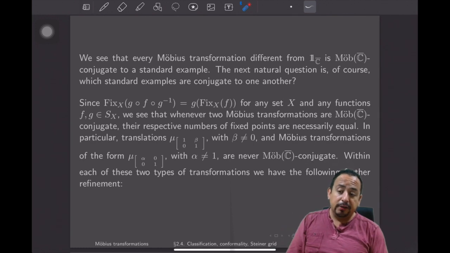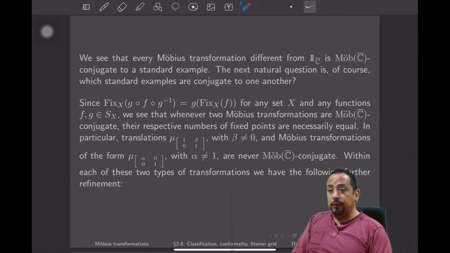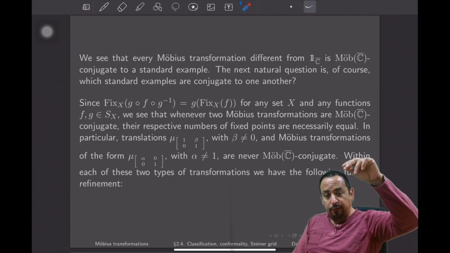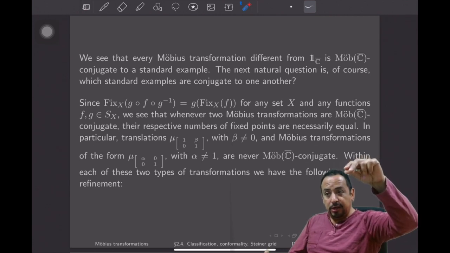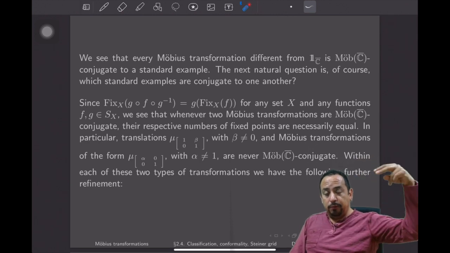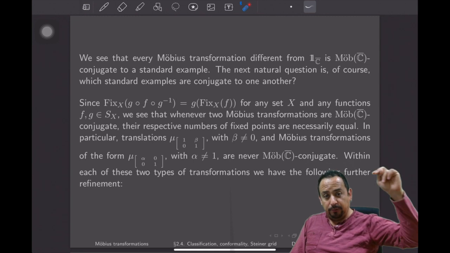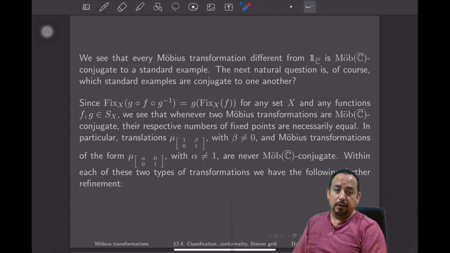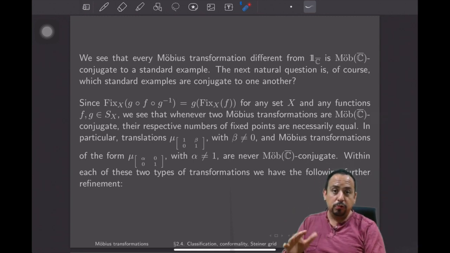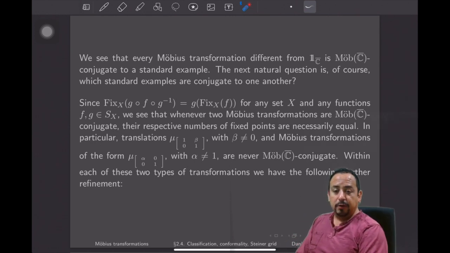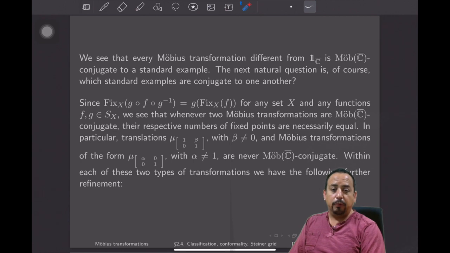Second crucial fact, a Möbius transformation that has 1 fixed point, and the fixed point is infinity, is a translation. And if a Möbius transformation has exactly 2 fixed points and these 2 points are 0 and infinity, then it's multiplication by a non-zero complex number. Right? So those are the two crucial facts for the proof that every Möbius transformation is conjugated to a standard example.